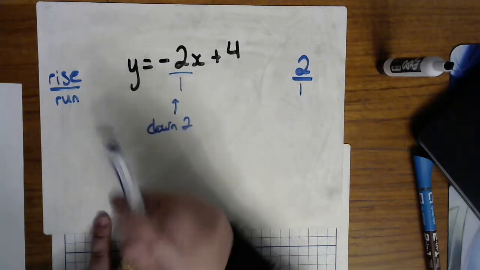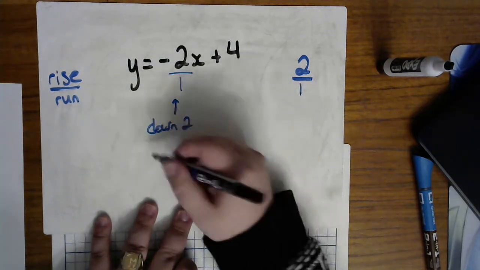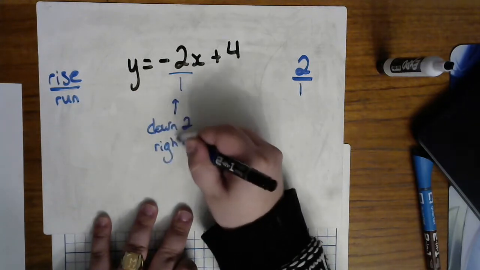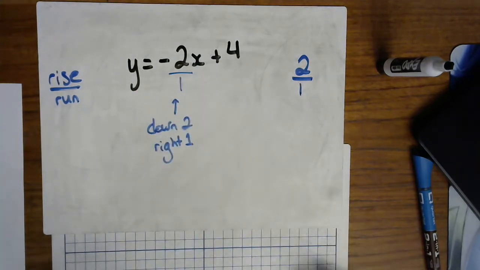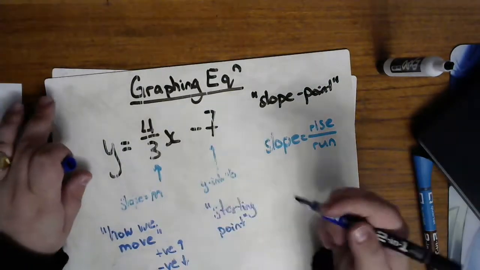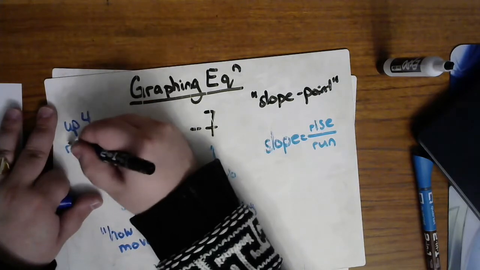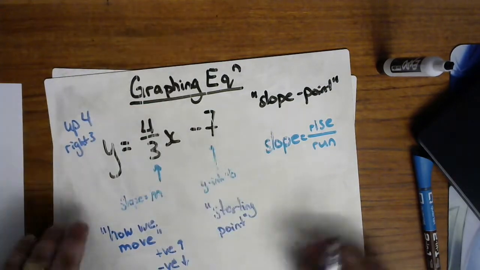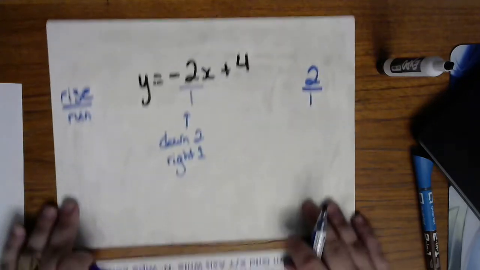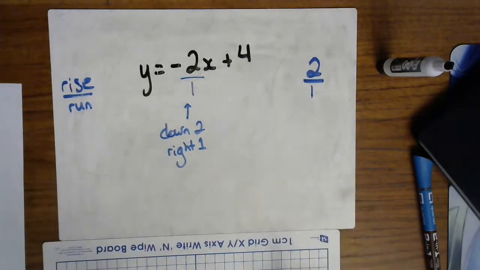Before we had a positive and we moved up; over here, when we had 4 over 3, we were going up 4, right 3. Now we are going down 2, because it's negative, right 1.